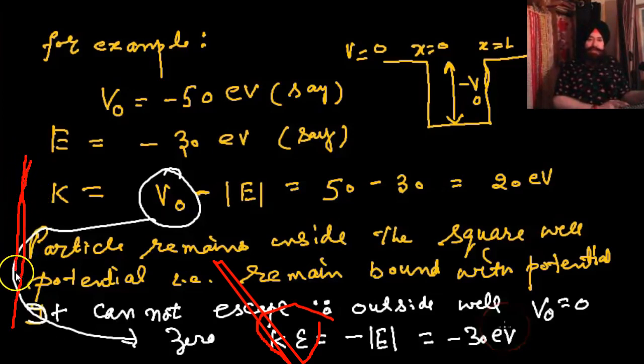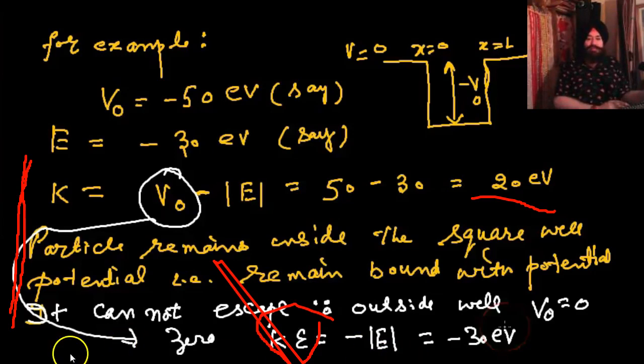This is according to the classical viewpoint. Potential energy is negative, minus 50, total energy is minus 30, kinetic energy is 20 inside the well. But if the potential becomes 0, like to the left side or to the right side of the well, then the kinetic energy comes out to be negative, meaning negative of the total energy.